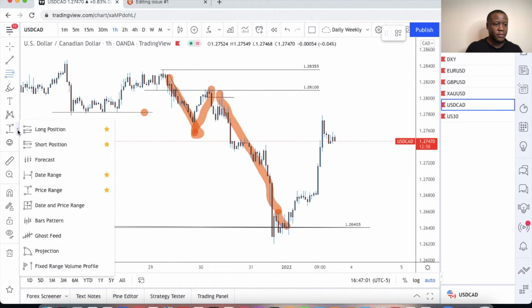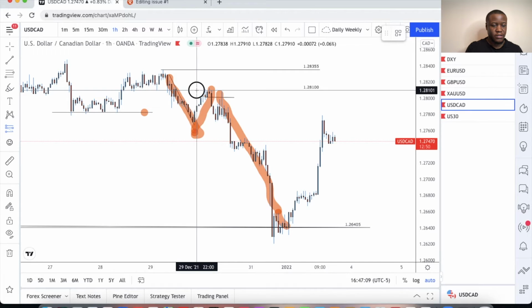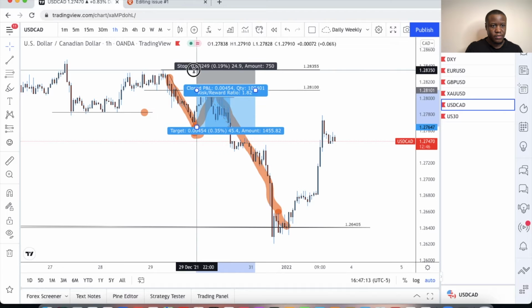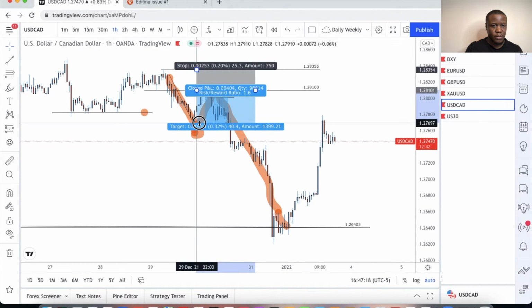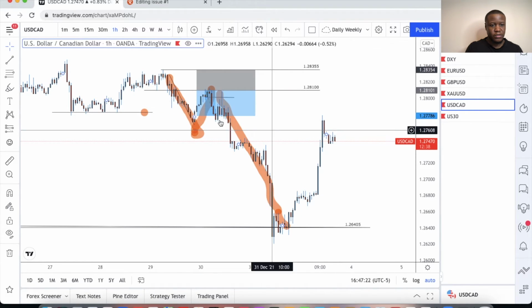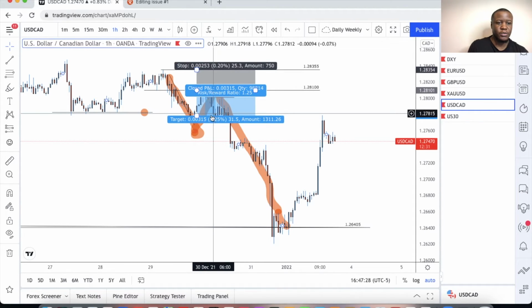Let's see the risk to reward ratio on this trade as well. Short position. Ooh, so remember what I said about having a risk reward ratio of 2 to 1 or more.